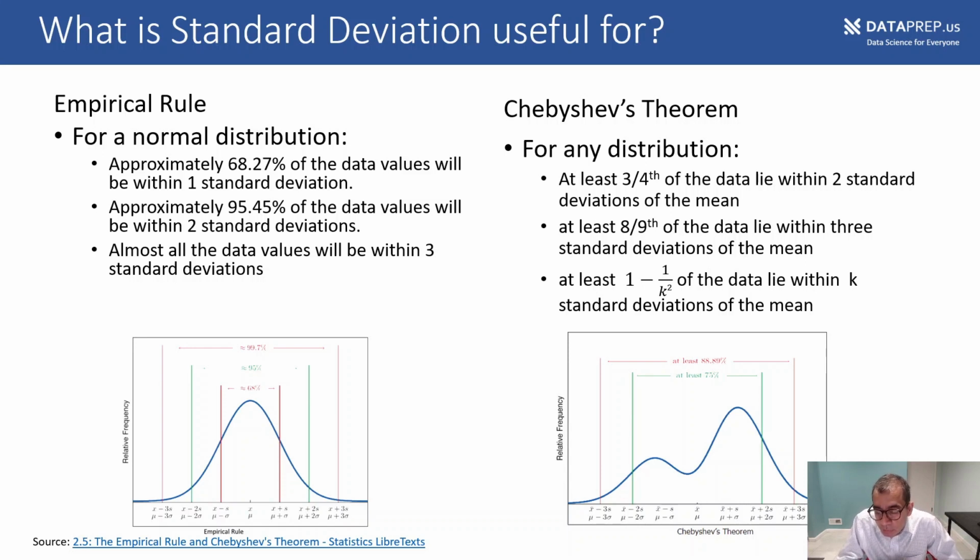So 8/9 of your data would lie within 3 standard deviations of the mean, which is why 3 sigma is so cited when people talk about data, because most data, no matter what the shape of your distribution, would lie within 3 standard deviations. And that can be generalized to 1 minus 1 by k squared of the data lying within k standard deviations of the mean.